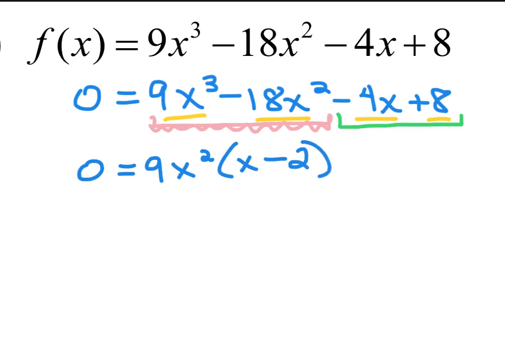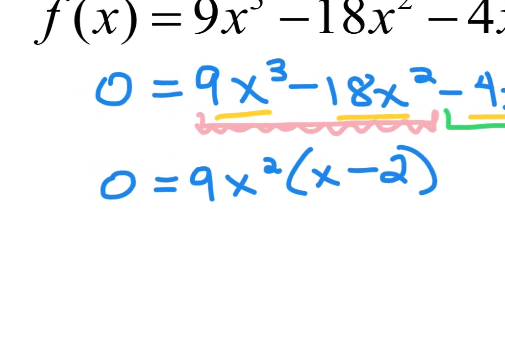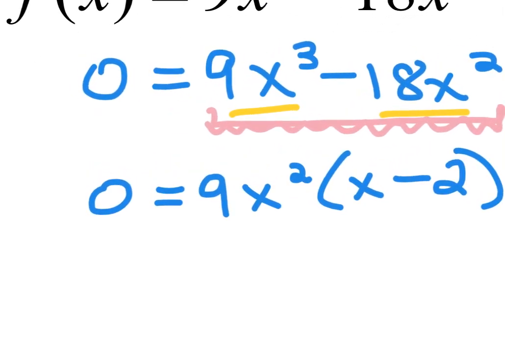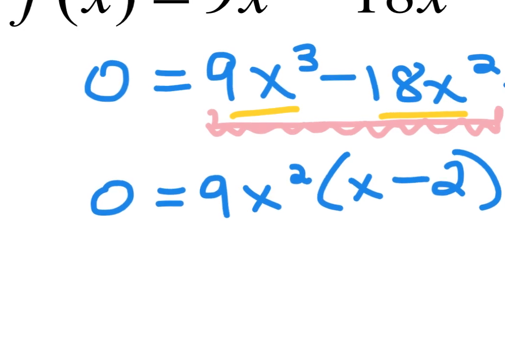And what I like to do when I'm working out these problems, it's hard to do on the video, but I actually visually cover up the 2 terms that I'm not working with. So I'm just looking at the 9x cubed minus 18x squared and the answer 9x squared times x minus 2.